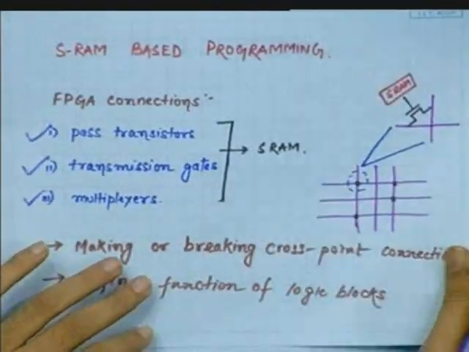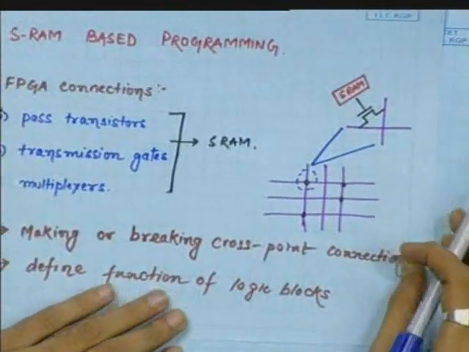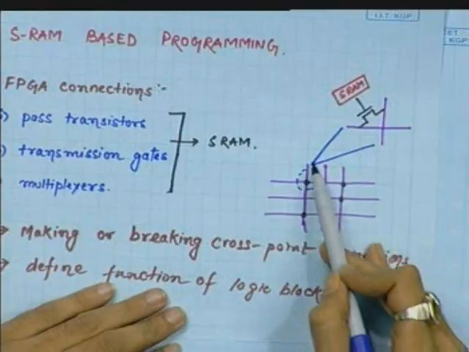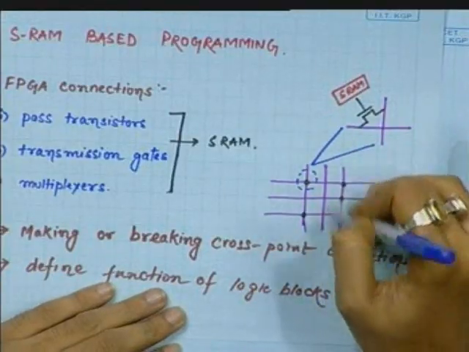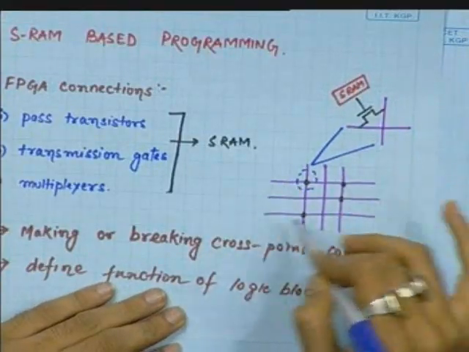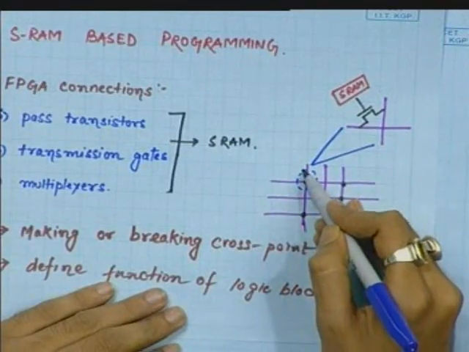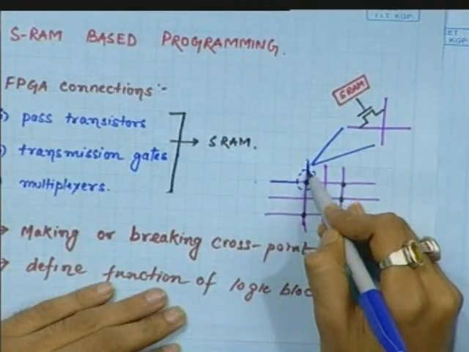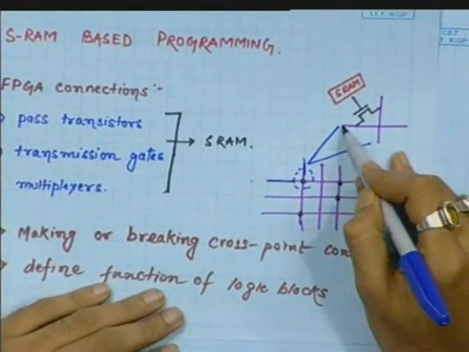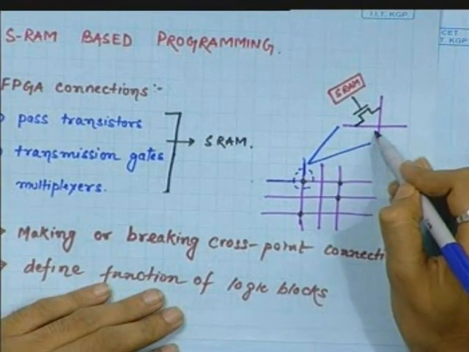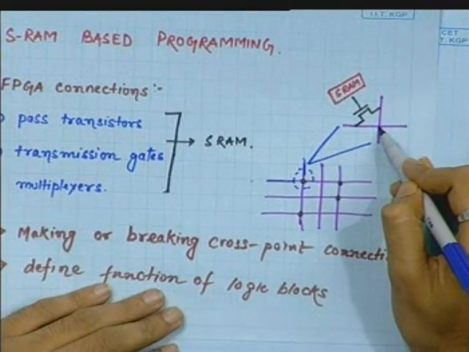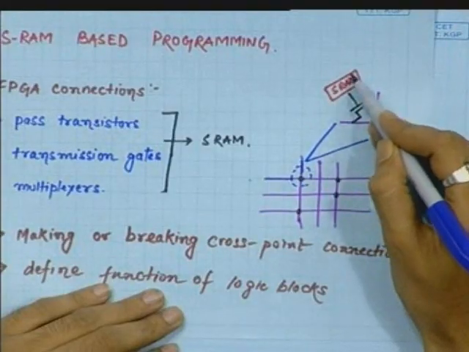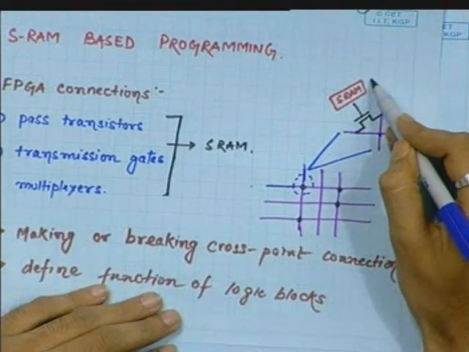Now, how does interconnection take place? Suppose these are vertical interconnect lines and these are horizontal interconnect lines. Now, we have to connect this line with this line. We do not have any physical connection at this point. What we have is a MOS here and an SRAM cell here.